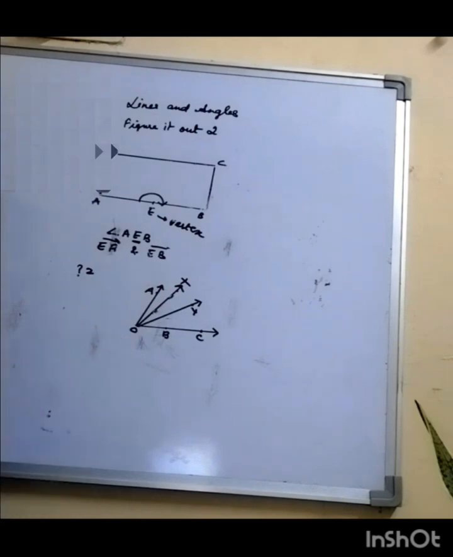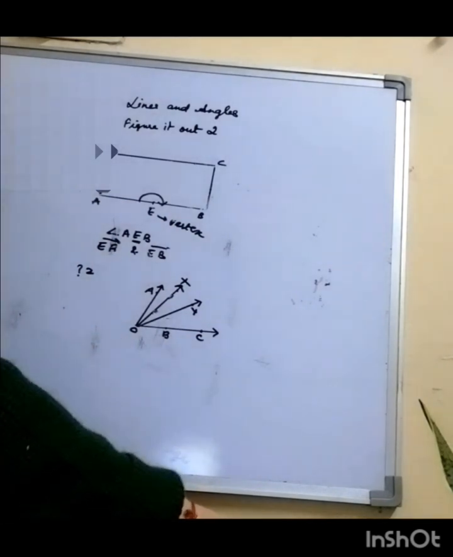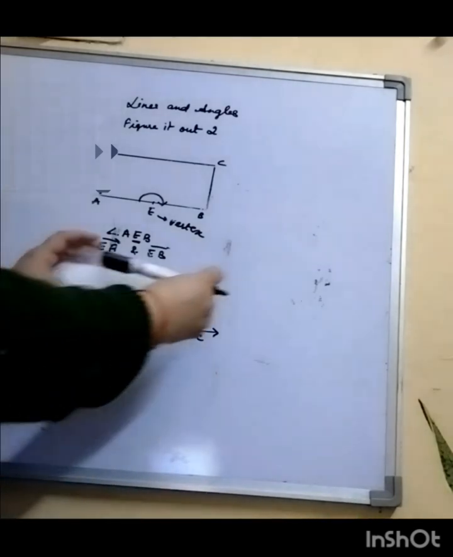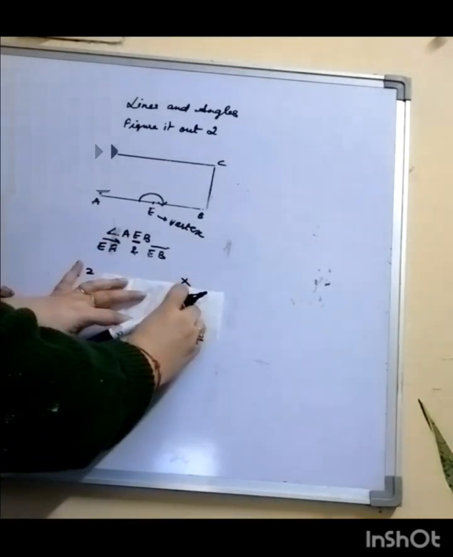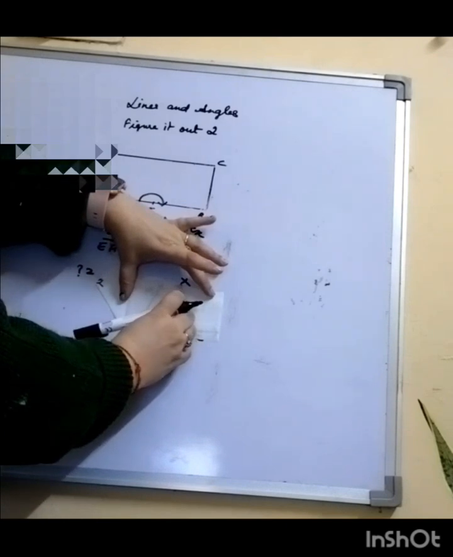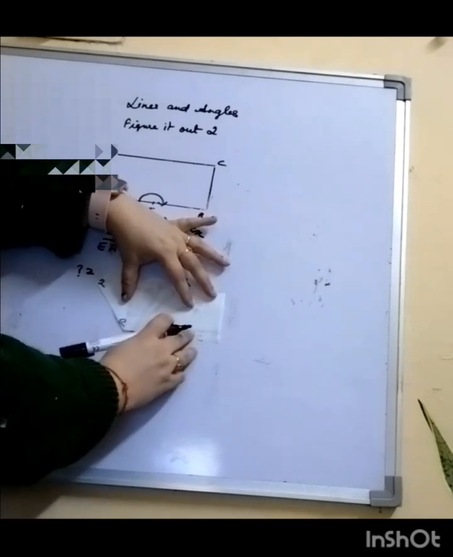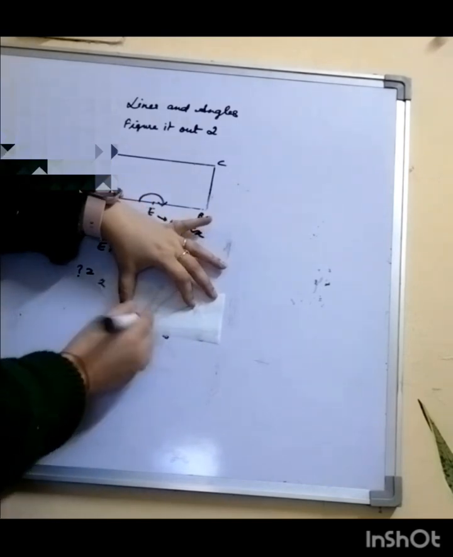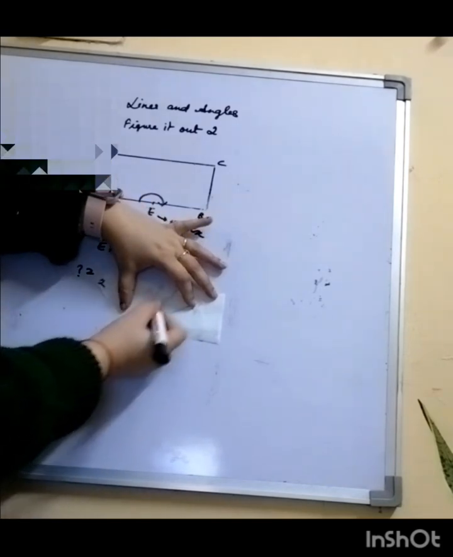So this is the figure. Now what we have to do is trace this figure over the tracing paper or the butter paper. So let's trace this figure.